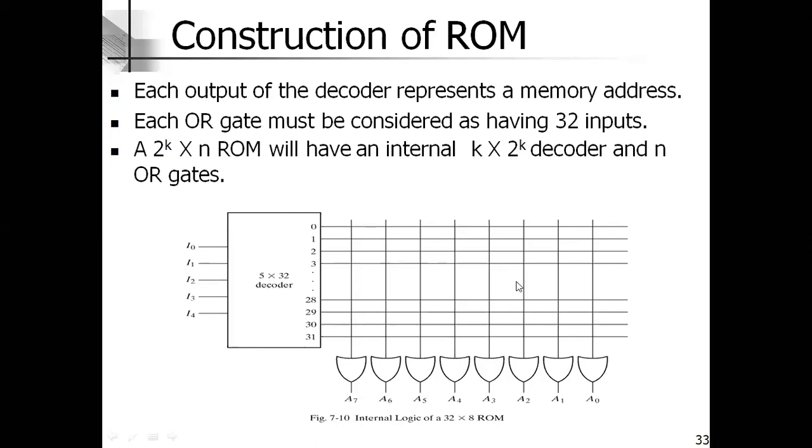So 5 inputs will produce 32 outputs. Each output of the decoder represents one memory address. The outputs of the decoder are connected to the 8 OR gates.